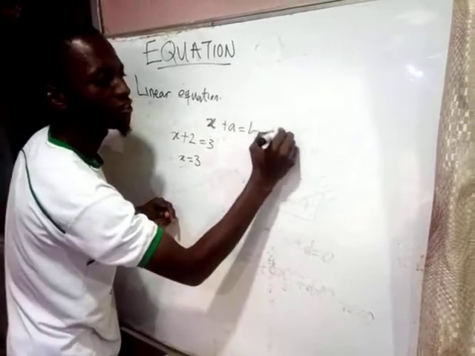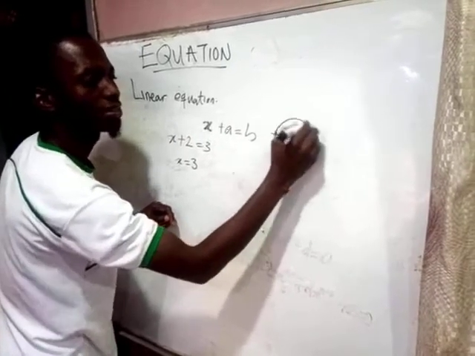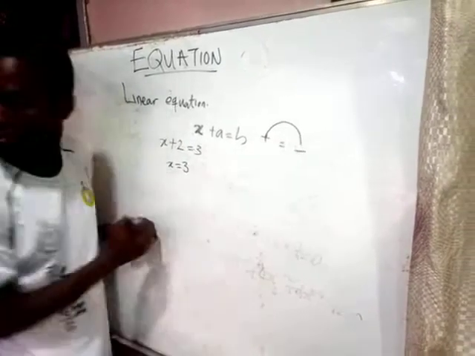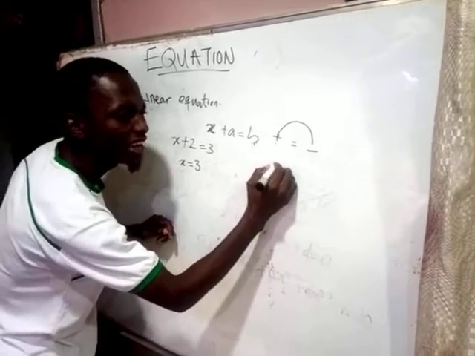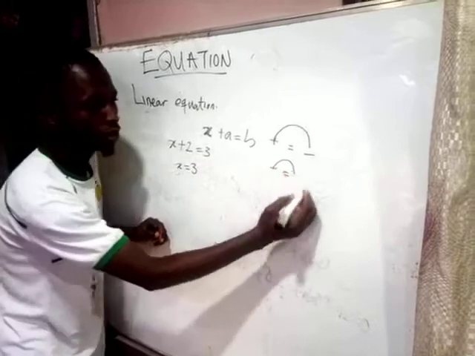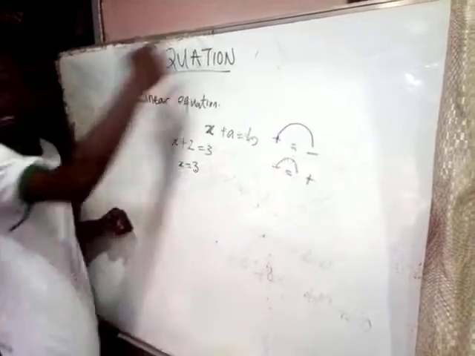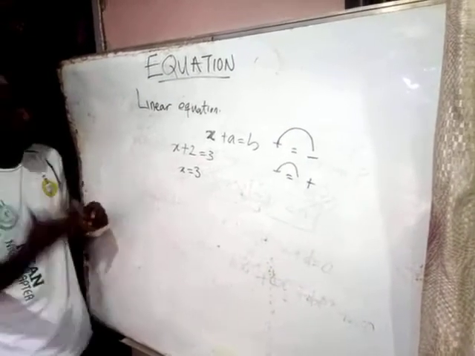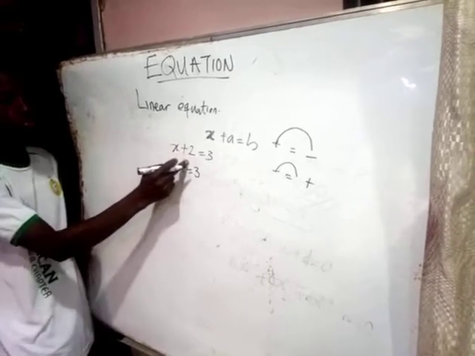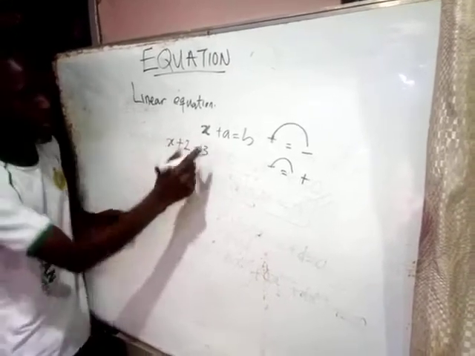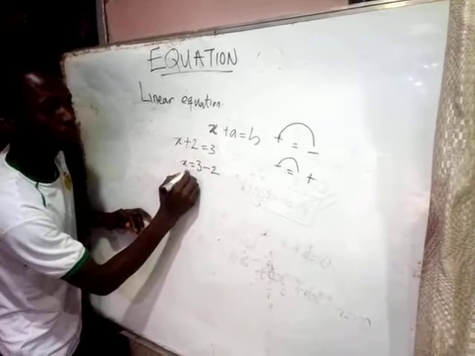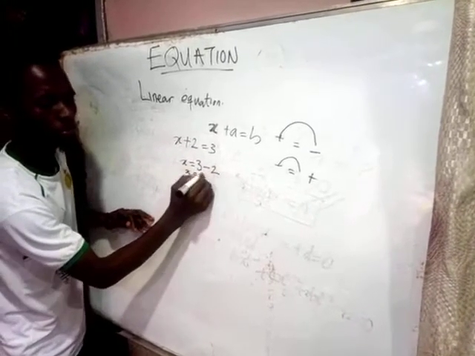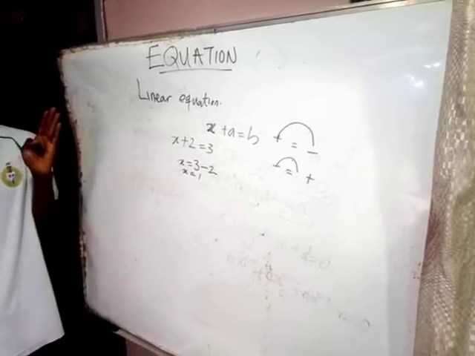When you have a plus sign and it crosses over equals to, when it's taken to the next side, it will be minus. When you have minus, when it's taken crossing over equals to, it will be plus, vice versa. Is it clear? So here, plus 2, when it goes to 3, it will be 3 minus 2. x will be equals to 3 minus 2, which is 1. It's as simple as that.